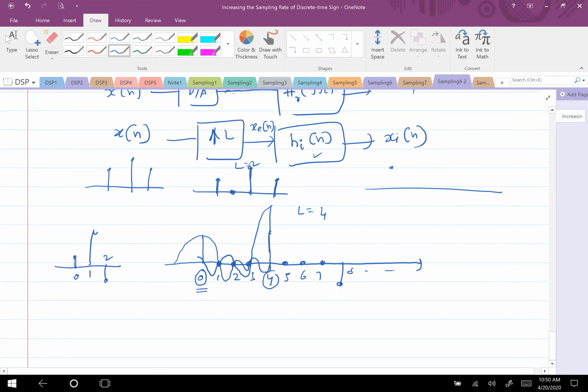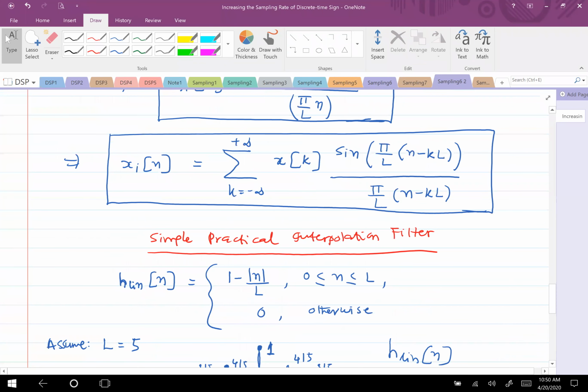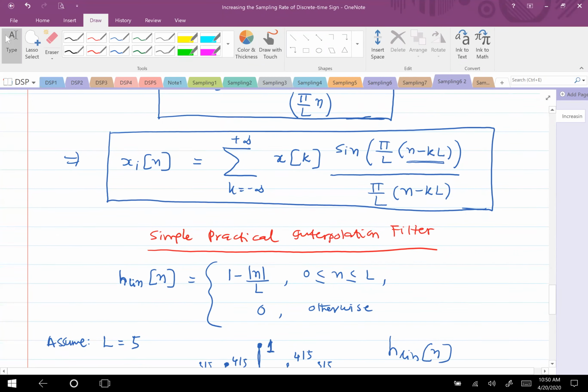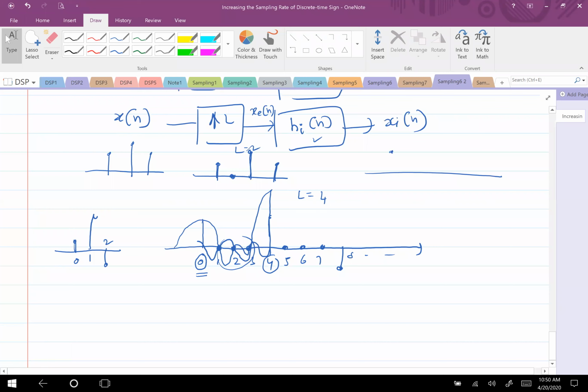Very good, but not at these points, because look at the sinc function. This is sinc of pi by L into n minus kL, right? So for varying k, unlike the reconstruction in the first case, it's a different case here.